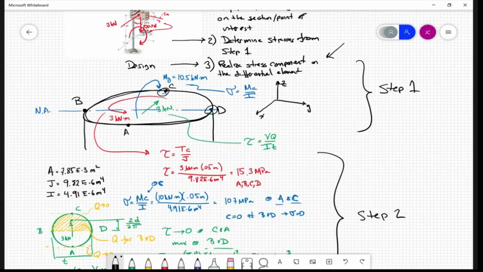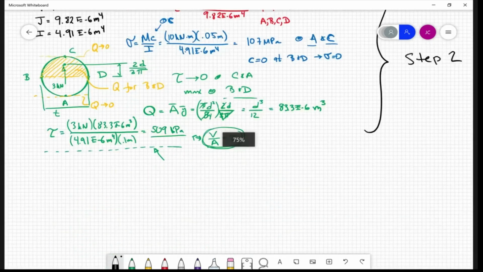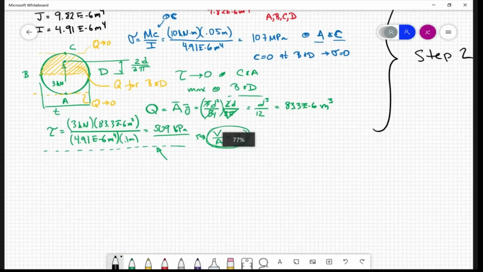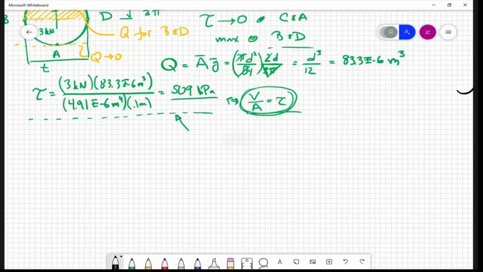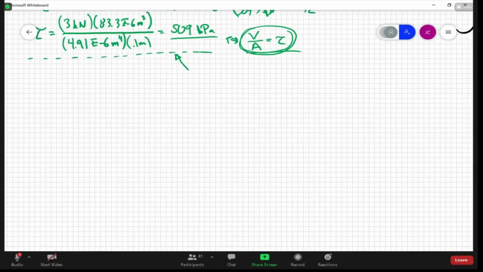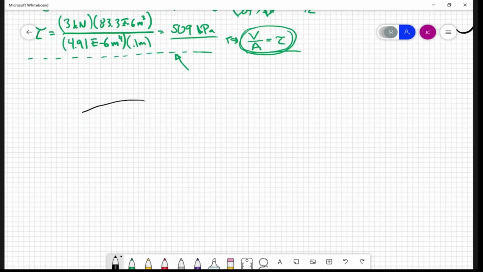So let me zoom back in a little bit. So what was it, about 100% up there? And let's just redraw the cross section. All right, so there's the cross section.